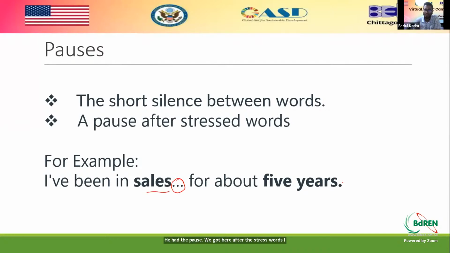After these stressed syllables, we get the pause. So for that reason, we can say that stress and pause are connected to each other. After stress, there is a pause.